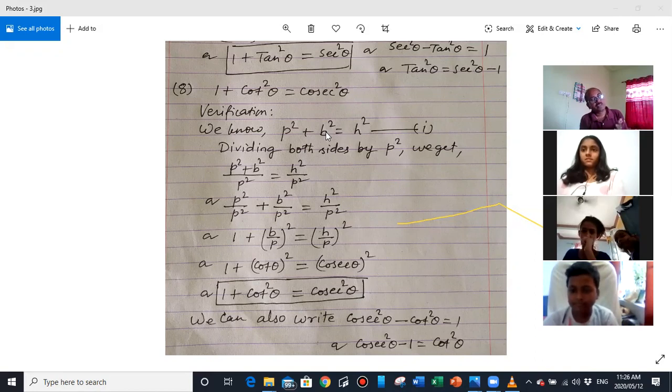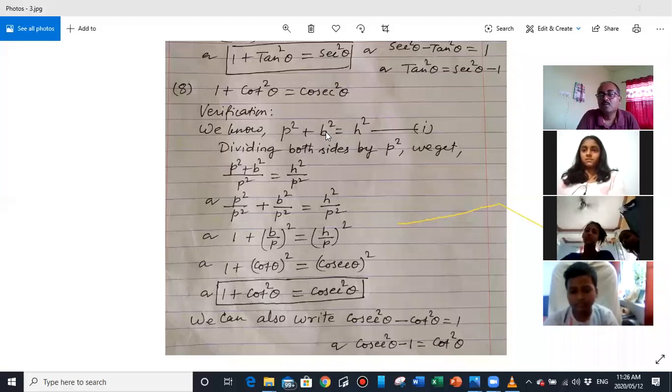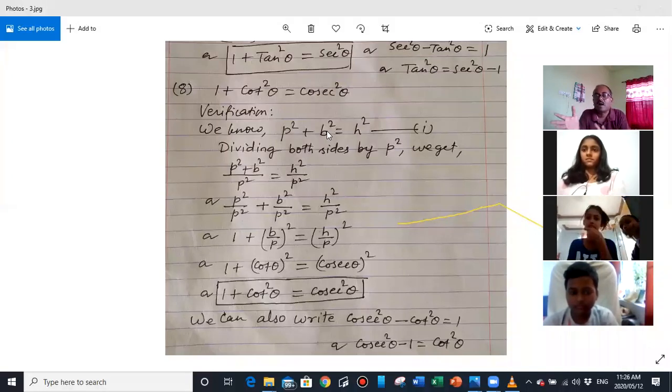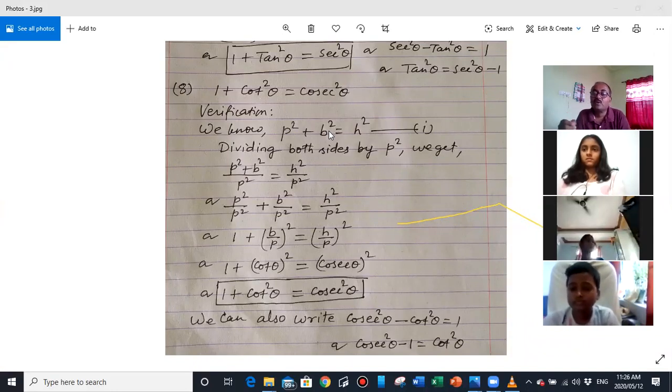What I taught yesterday is directly related to what I am teaching today, and what I will do tomorrow is linked with what I am doing today. Mathematics always develops in this way, simple to hard. We are doing simple things, and after some days, some classes will enter into a difficult area. At that time, this knowledge will be needed. So be prepared for tomorrow, and bye for today.